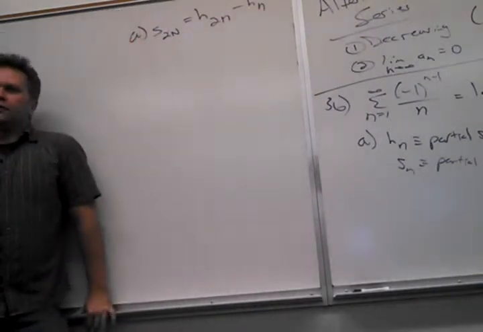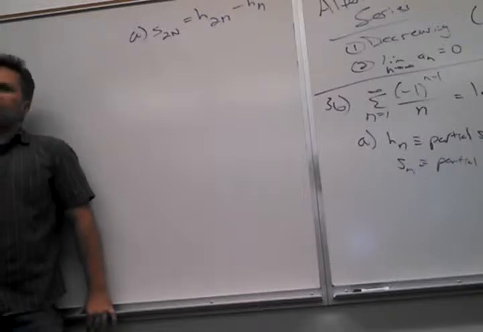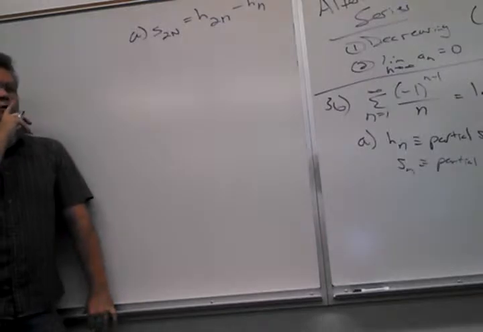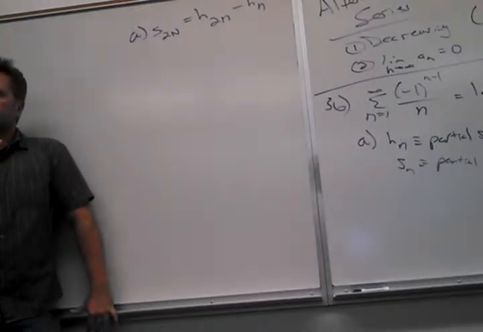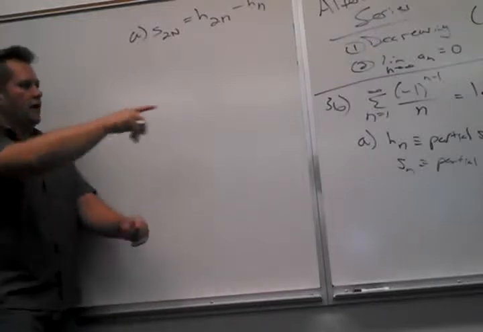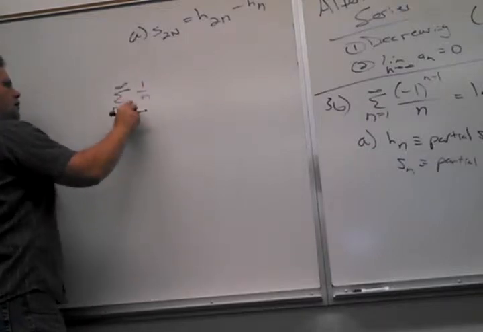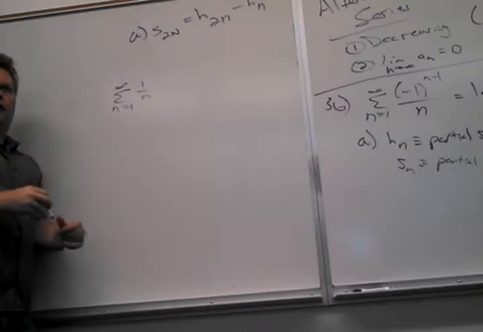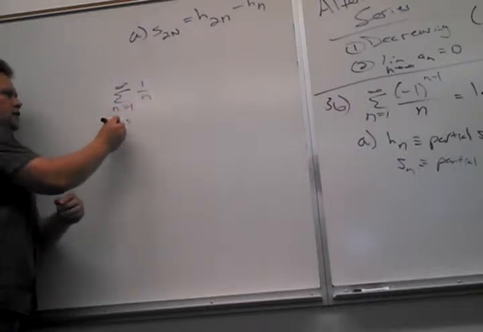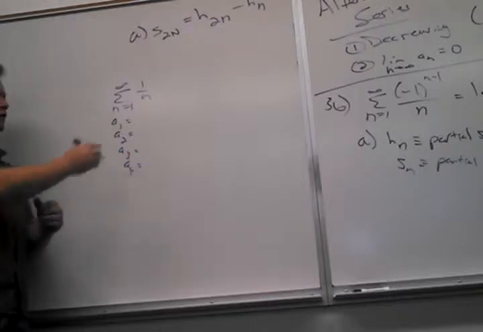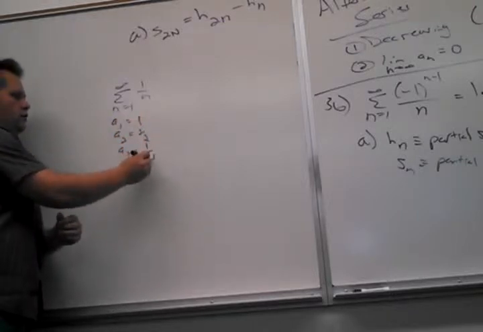So the first thing you have to realize is what does that mean? Right? If you don't know what that represents, you don't know what you have to do for this problem. So what do I probably want to create for myself? A series. Good. So I want to look at this guy, for example. And I want to make a little list of his elements, and then I want to make a little list of his sums. All right, so this will be 1, 1/2, 1/3, 1/4.